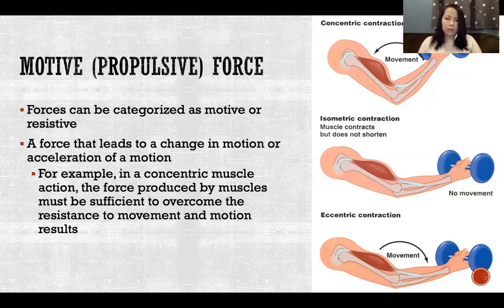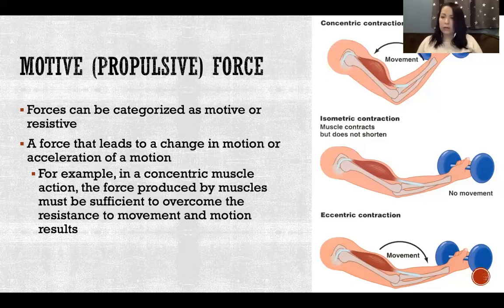We have a concentric muscle action where the force produced by muscles is sufficient to overcome the resistance to movement, and then motion results. Like in this picture, we have biceps brachii that is shortening and contracting, and it's producing enough force to overcome the resistance of the weight of the forearm and the dumbbell.